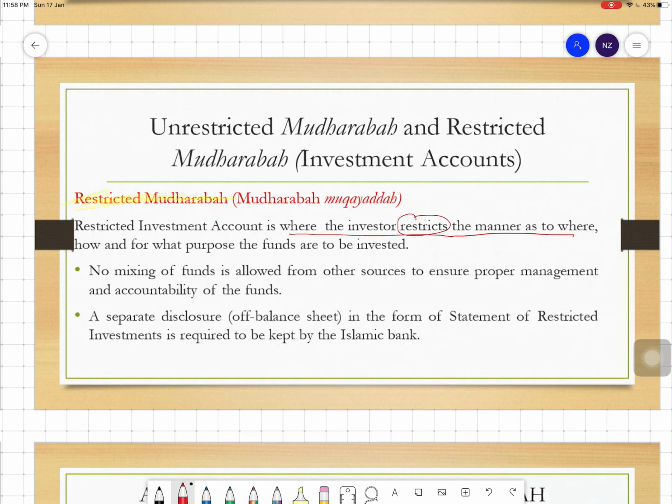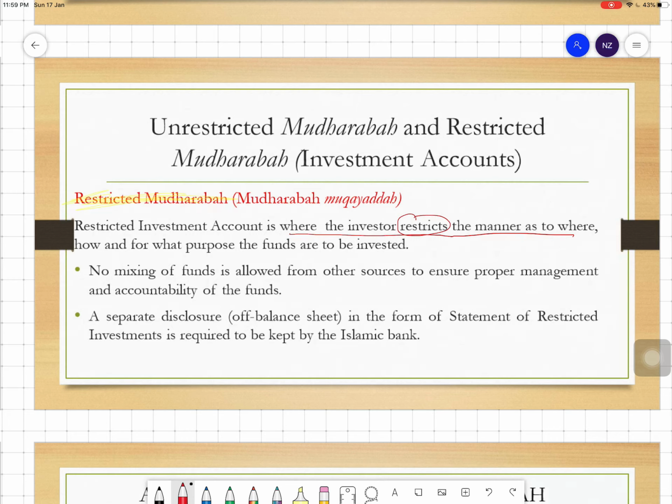So the keyword here is restrict. So macam unrestricted tadi dia ada mixing of fund, means the bank boleh campur or combine all of the customer in different account in one similar mudharabah pool account. Dia gunakan that untuk invest to any groups of asset.